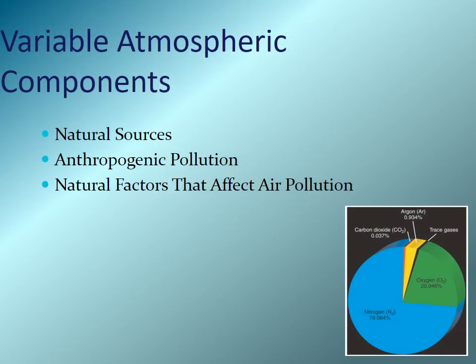I want to go back for a minute and talk about other variable components of the atmosphere. We're going to talk about natural sources, anthropogenic or human-induced sources, and natural factors that can affect air pollution.